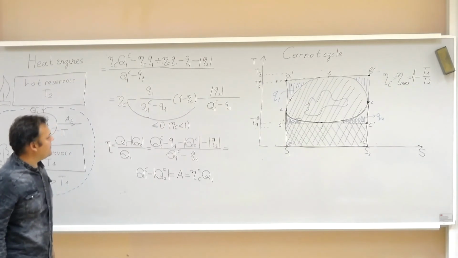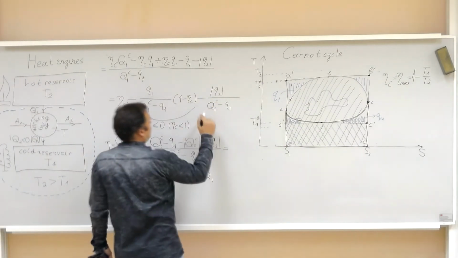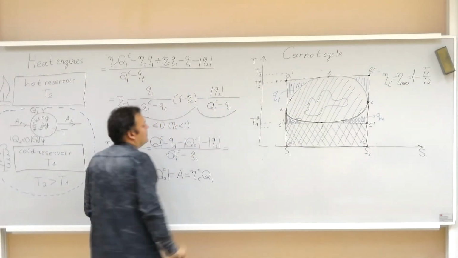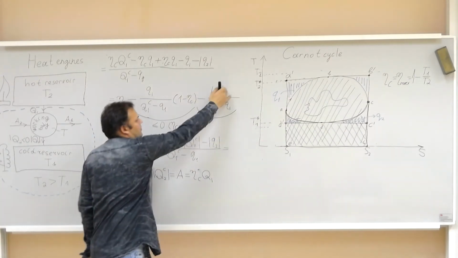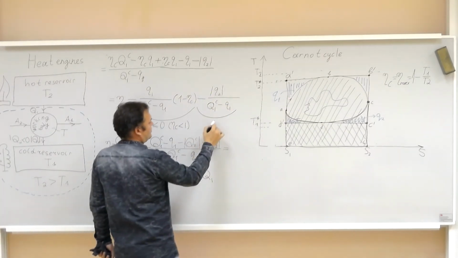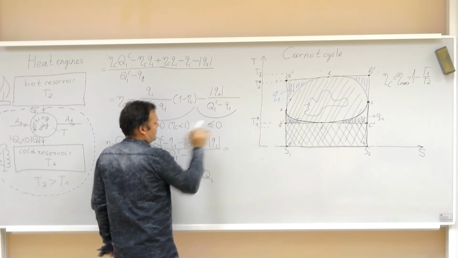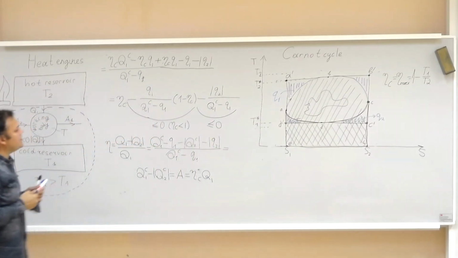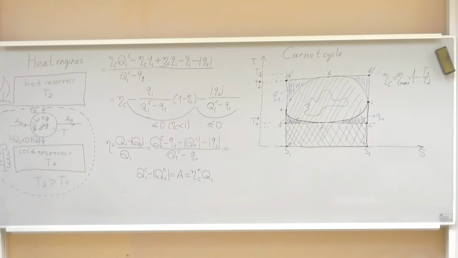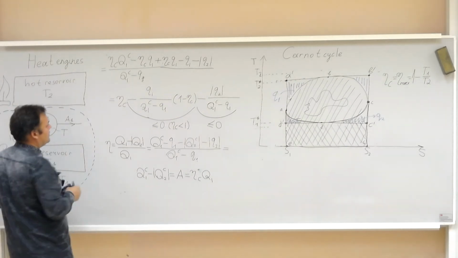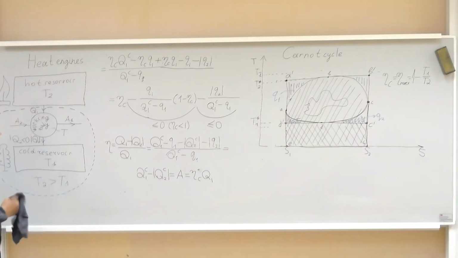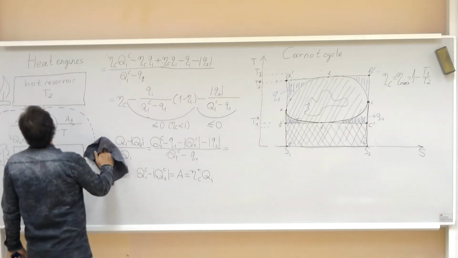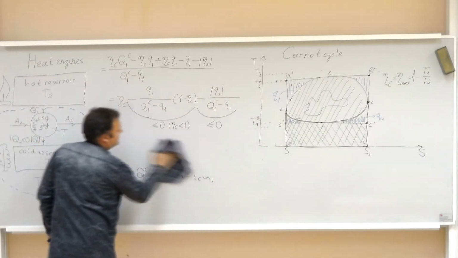It's important. And this term is also negative, because this quantity is positive and this quantity is positive. This means that the efficiency of our cycle is less than the efficiency of the Carnot cycle.